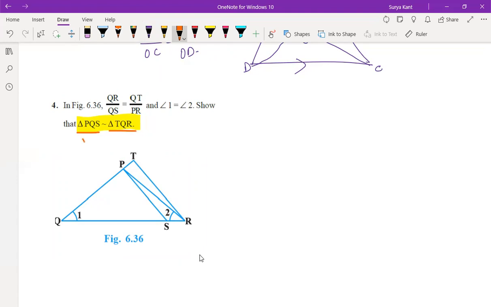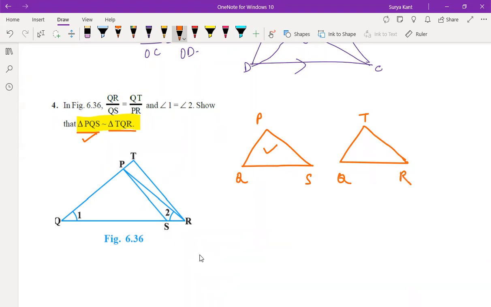First you write PQS exactly as per the question, and don't look at the shape of TQR. Simply copy this diagram again here. And you write here TQR in the same pattern, okay? Now you see the question.